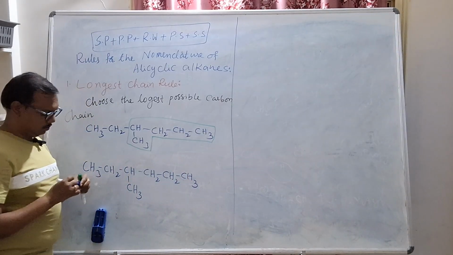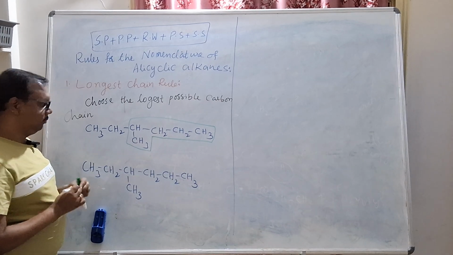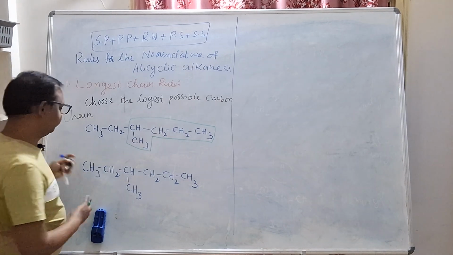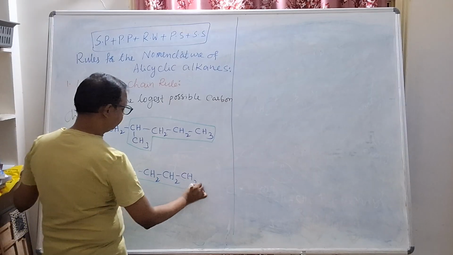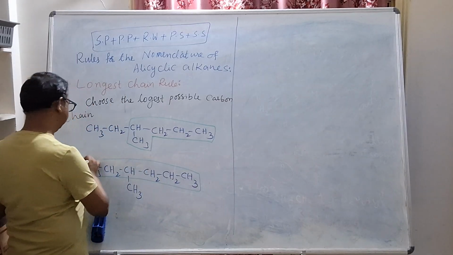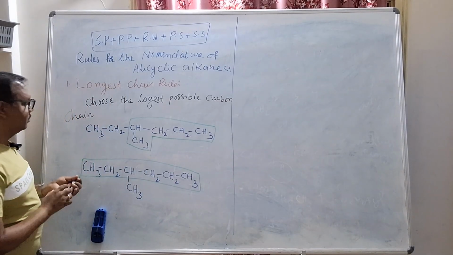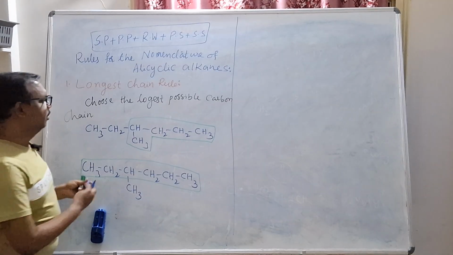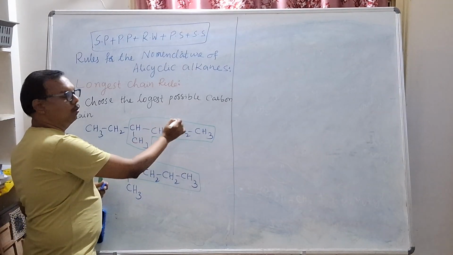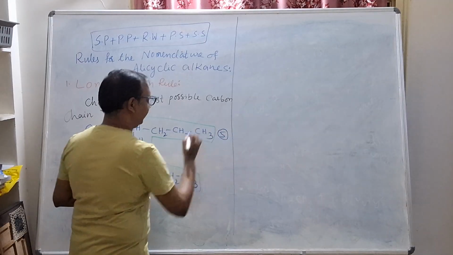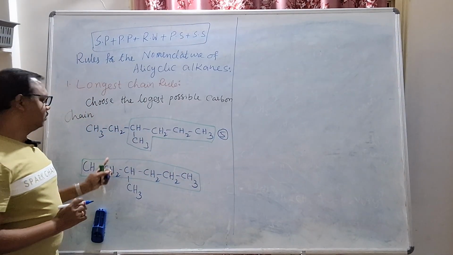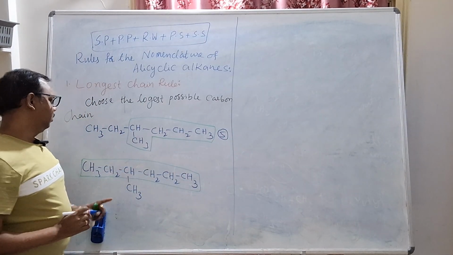You can see here the straight chain is the longest chain. How many carbons in the longest chain here? 1, 2, 3, 4, 5. Five carbons are present here. Here how many carbons? 1, 2, 3, 4, 5, 6.